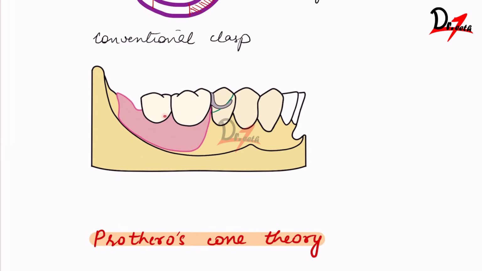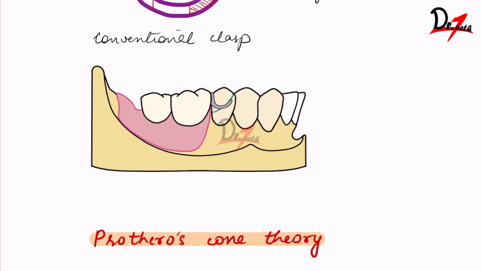Now let's have a look at this diagram. Here in green you can see we have a survey line and this is our clasp. We have seen that the clasp is somewhat flexible. Now when we place this prosthesis here, what will happen? As you can see here, this terminal portion, this clasp terminus, is contacting the abutment apical to the height of contour.